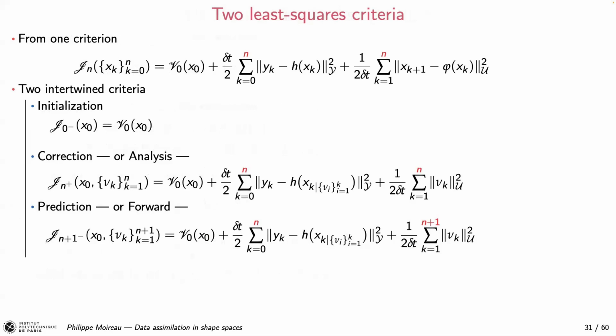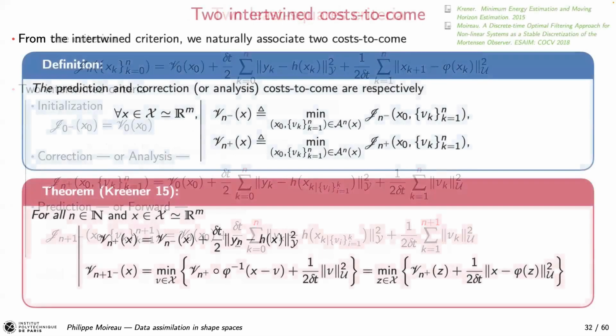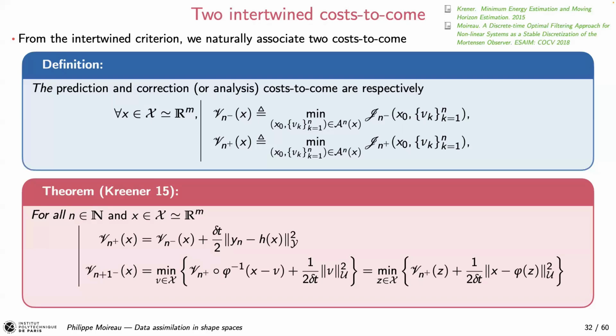The same spirit. Okay? That's something I did some years ago, and which was also proved by Kenner. And typically, if you define these two guys, you can prove that you have some kind of intertwined dynamics between these two value functions. One is n plus, one is n+1 minus. You see that this guy depends on the previous one minus, and this one depends on the previous one. But this corresponds to one time step, basically.